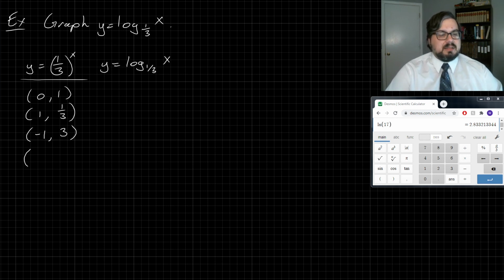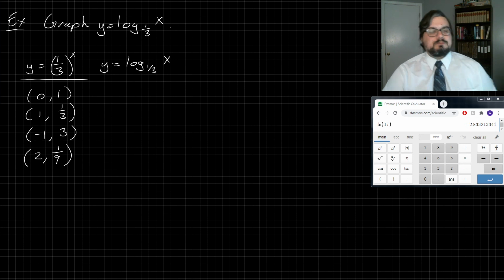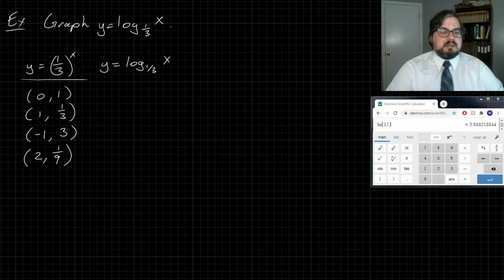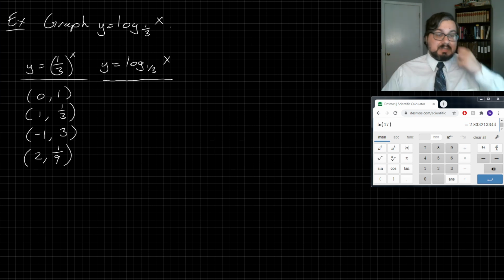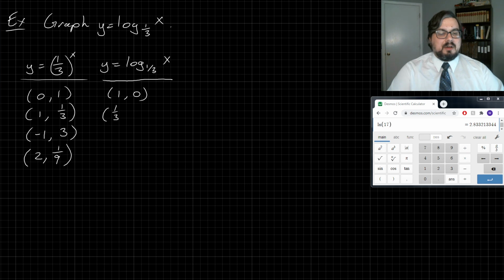And then we could say we've got (2, 1/9), since 1/3 squared is 1/9. So we've got these 4 points, which are going to help us to see what the graph of 1/3 to the x looks like.